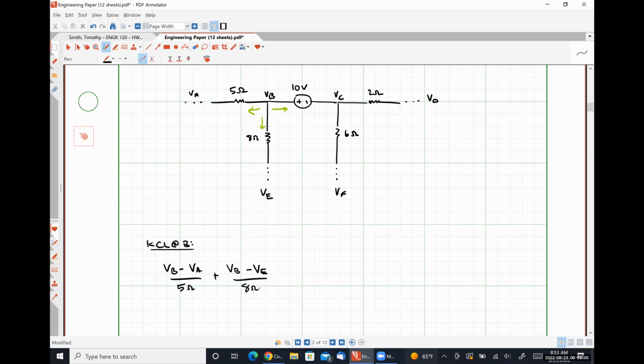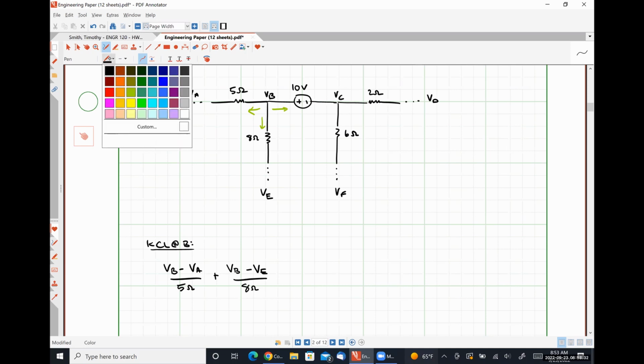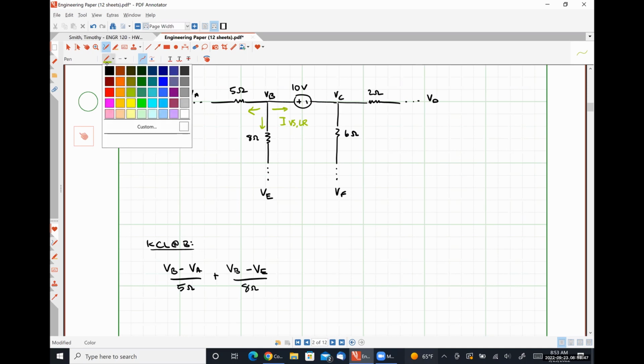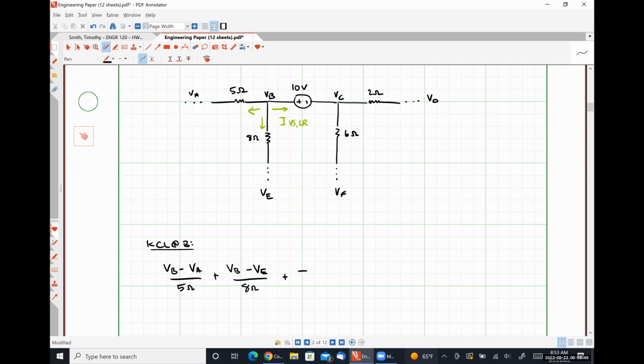So what I'm going to do is call this current IVS LR, because it is a current flowing through the voltage source from left to right. Now I'm going to set this equal to 0.